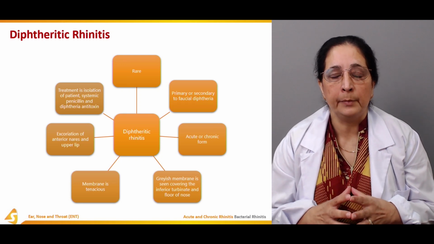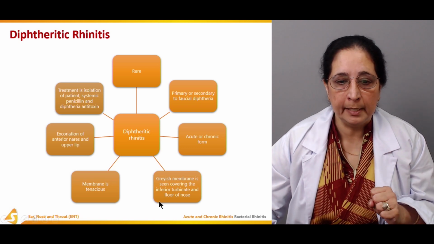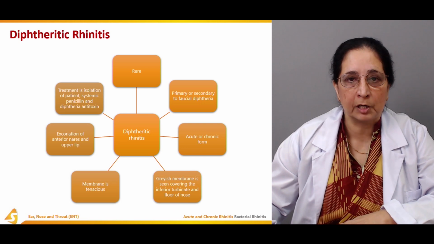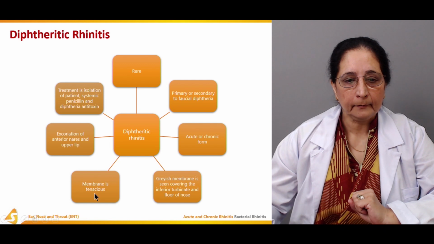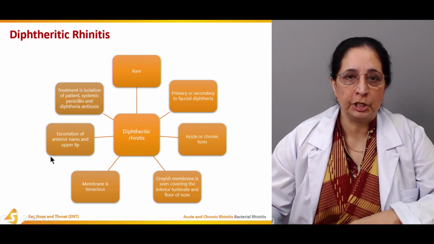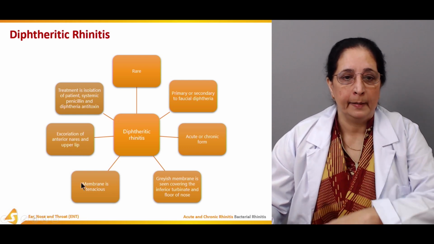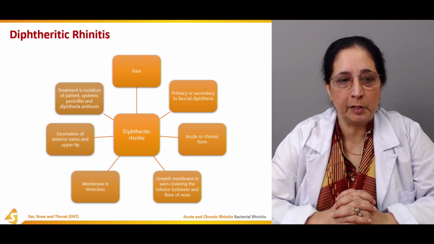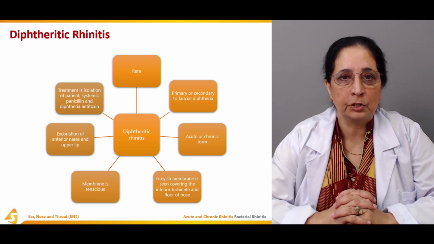This leads to formation of membrane on the inferior turbinate and floor of the nose, so this can cause nasal obstruction also. Membrane is tenacious, and there is also excoriation of anterior nares and upper lip. Treatment is with antibiotic. Penicillin is the treatment of choice, and also diphtheria antitoxin.